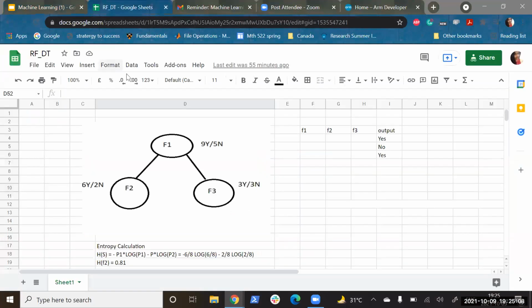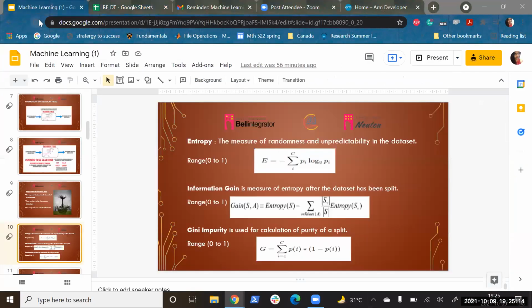Anu, before proceeding with that, can you give an example for entropy? Okay, entropy would be creating more confusion or giving you an unpredictable outcome.